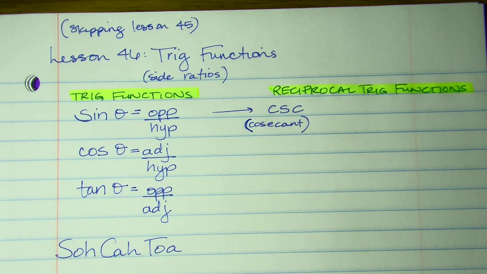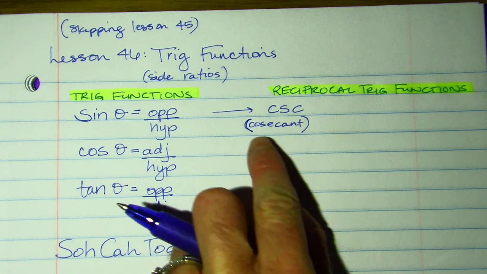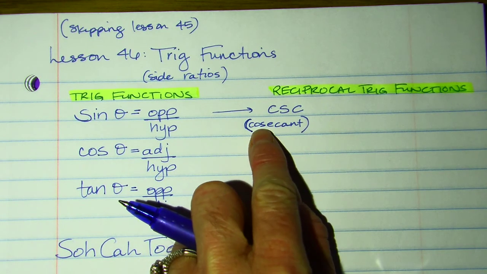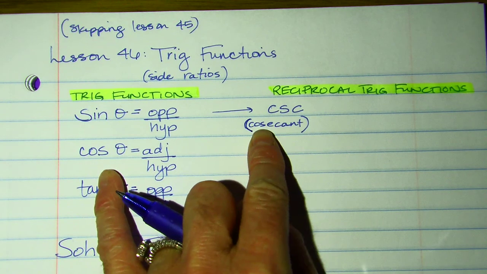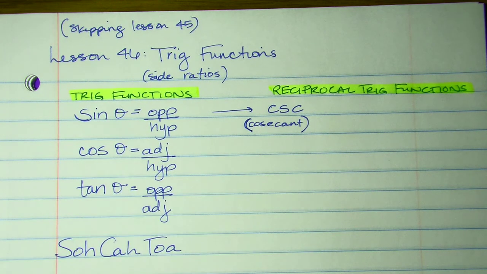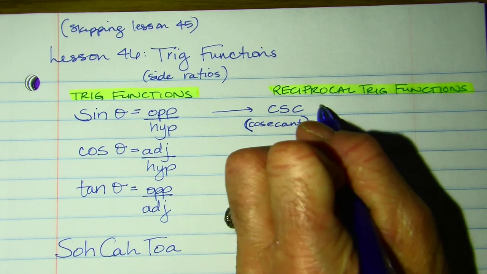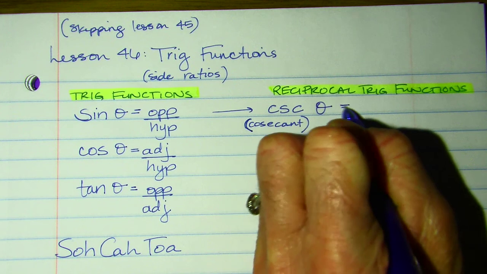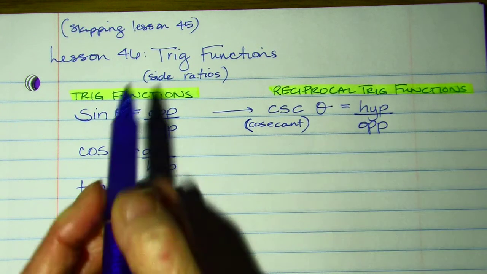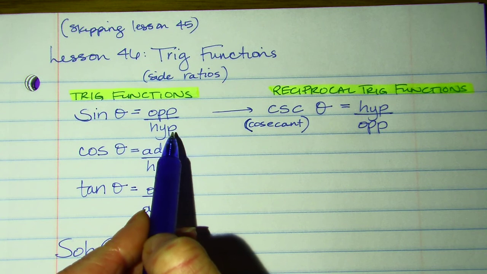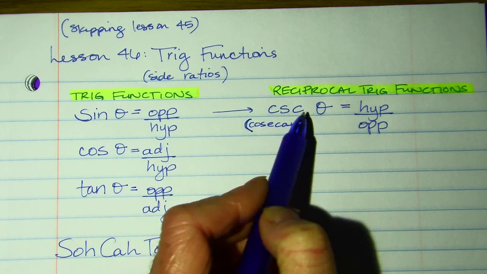It's actually opposite of what you might think. Notice the first three letters are cos, so it sounds like it would be the reciprocal of cosine, but it's not. So sine and cosecant are reciprocals of each other, which means that the cosecant of theta would be hypotenuse over opposite. Notice I just wrote the reciprocal of this ratio to give us this ratio.